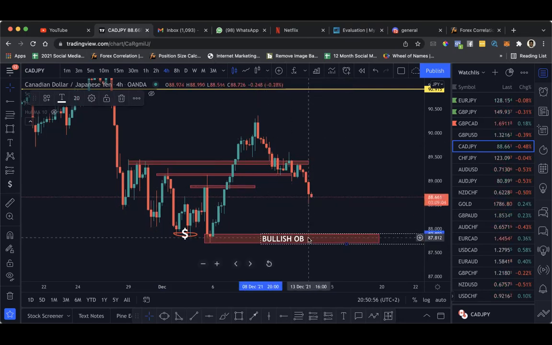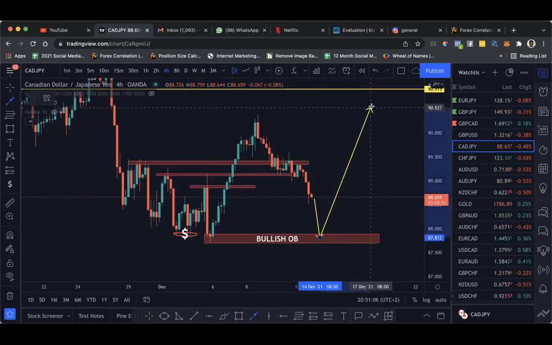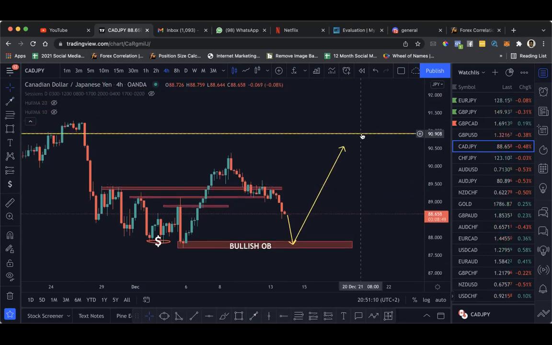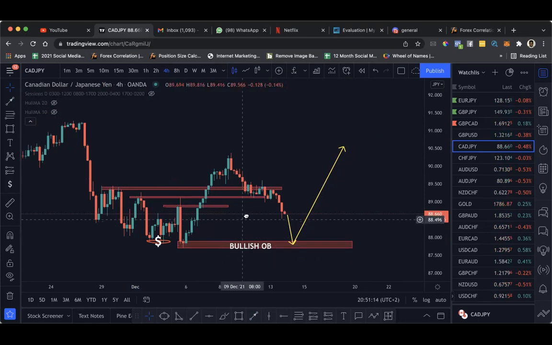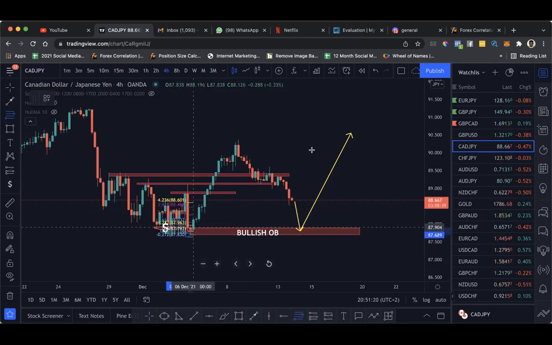So when price comes back down here, your goal is to find a buy entry. So you want to buy this move up. This would be a very, very sweet buy. So let's say you pick your TP zone with your Fibonacci. You take your fibs from the other block.